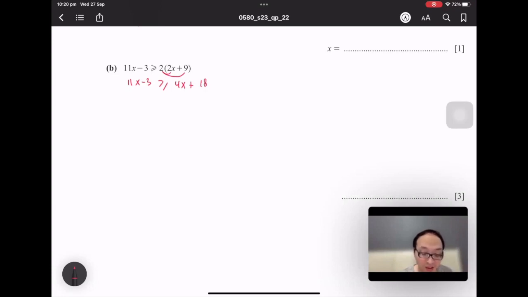And then we can move terms to simplify the expression. So 11x minus 4x is greater than or equal to 18 plus 3. So this is 7x greater than or equal to 21. So x is greater than or equal to 3.